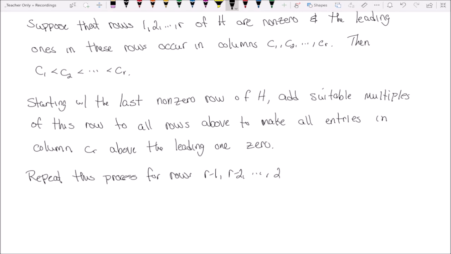Right? So we start at the bottom, zero out every entry above that leading one, move up to the next row, and do the same, until we get to the second row. We zero out the entry right above that leading one. Now, there's no need to worry about row 1, because there's no row above it.